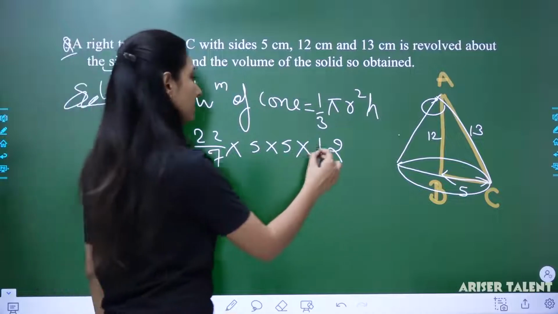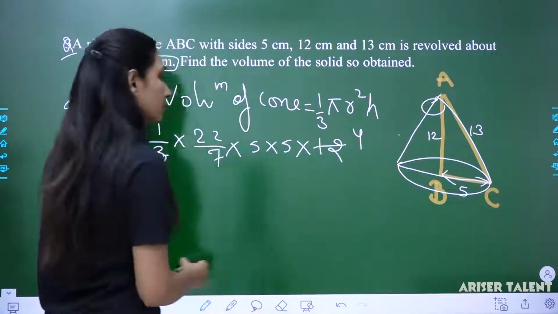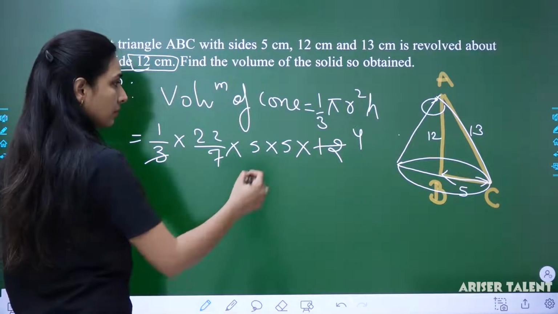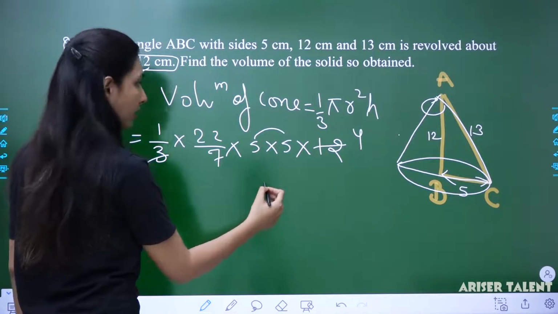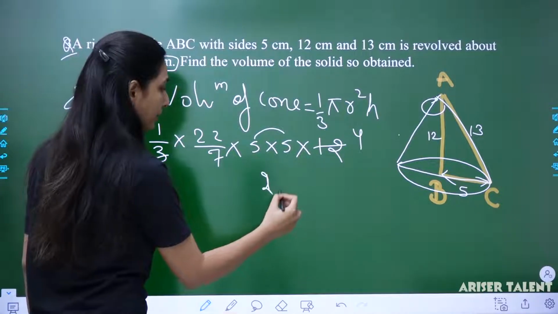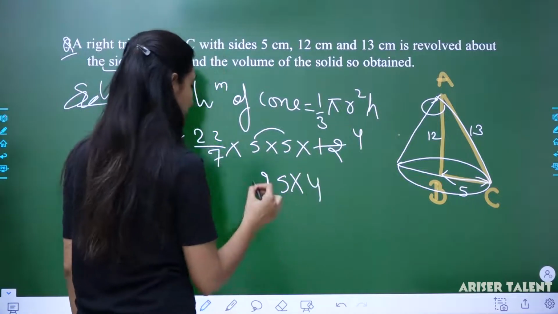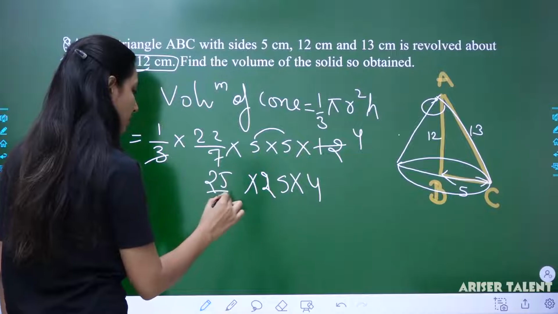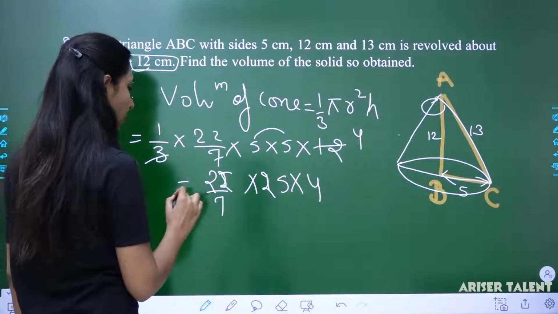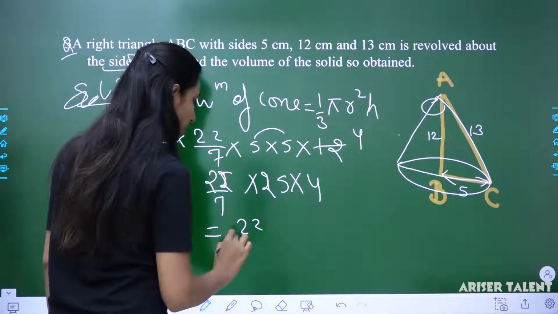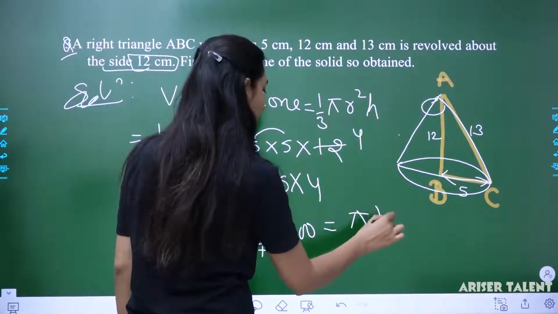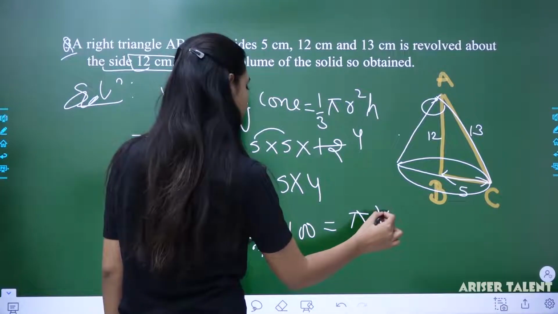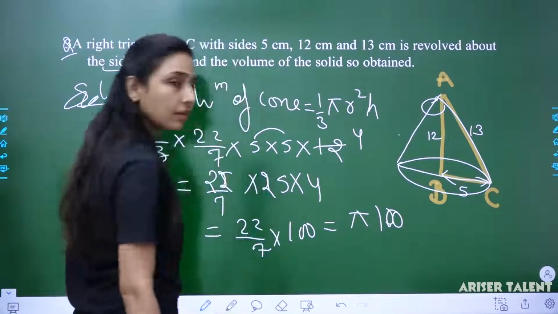So 4 times, then that will be 25 multiply by 4 multiply by 22 by 7. Okay. Here you'll be having 22 by 7 multiply by 100, or you simply call it pi multiply by 100.